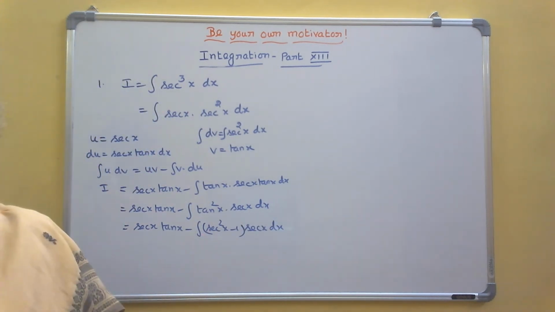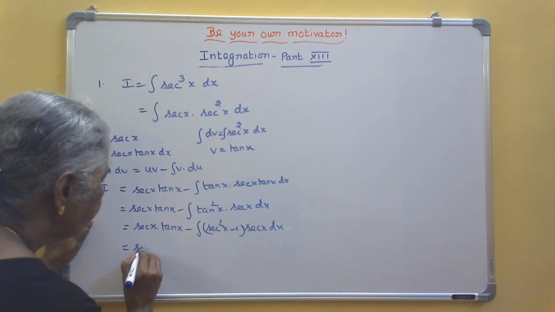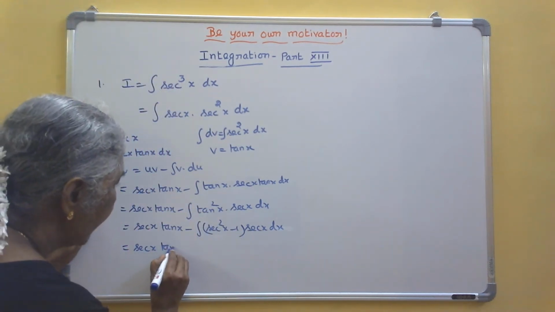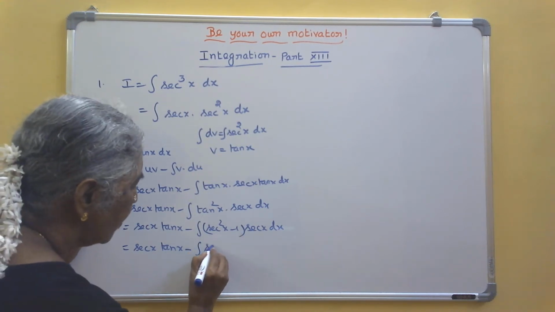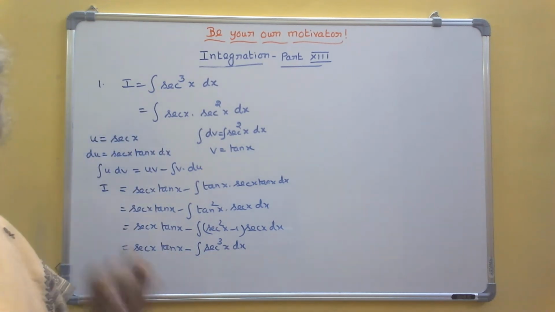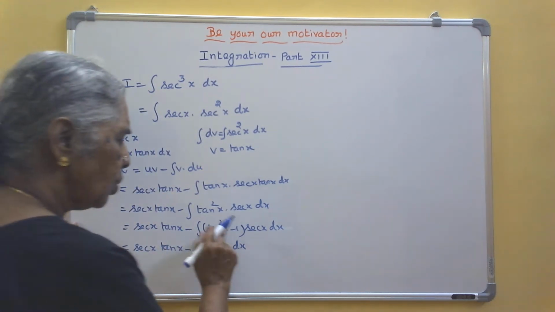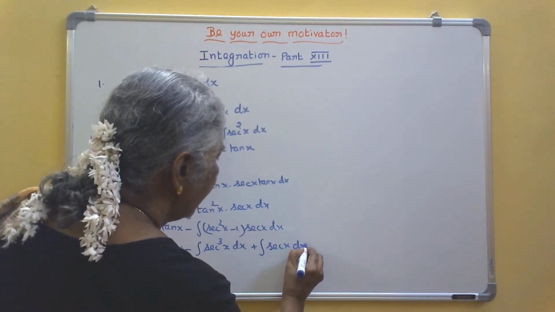Let us expand the bracket and see what we get. So now this will be secant x tan x minus secant squared x into secant x, which is secant cube x dx. That I will put as one integral. Then minus into minus will be plus integral secant x dx.